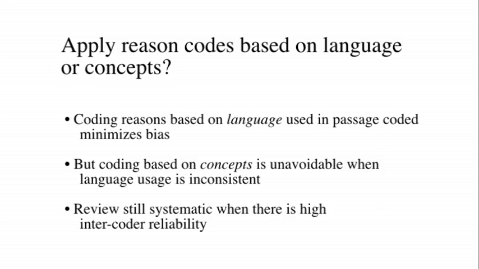The problem is that sometimes authors use the same term, such as reciprocity, to express different concepts of reasons, such as the concepts of reciprocity or of distributive justice. When language usage is inconsistent, it is not possible to code passages based on their language alone. One must apply codes partly based on the concepts expressed.